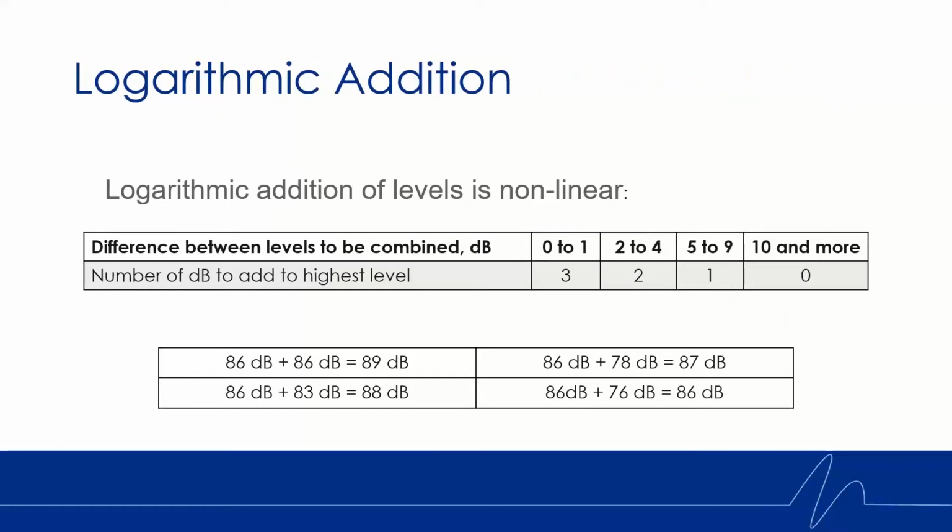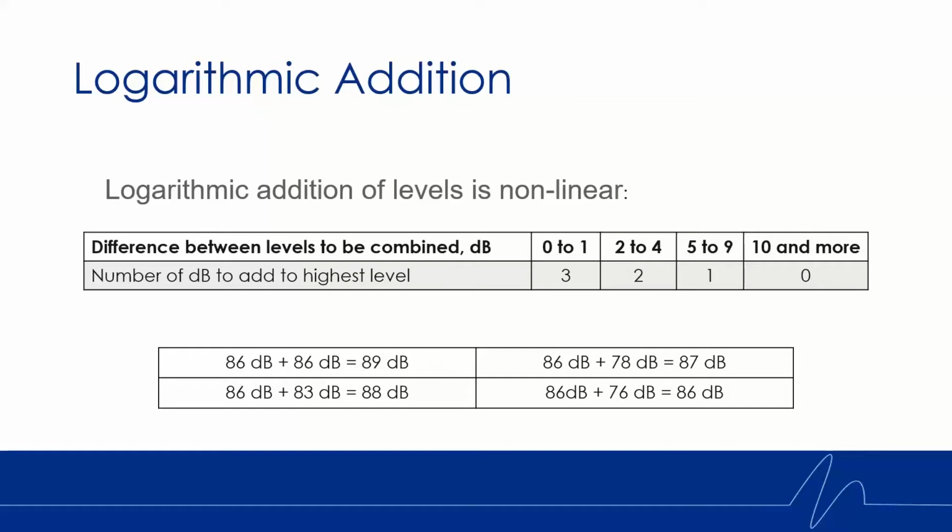So because we put our levels on a logarithmic scale, we can't do linear math anymore. We have to do logarithmic math. So let's look at the top chart here. In the first column, we have two sound sources that are very similar. So they're either the exact same sound levels, or one is 1 dB greater than the other.